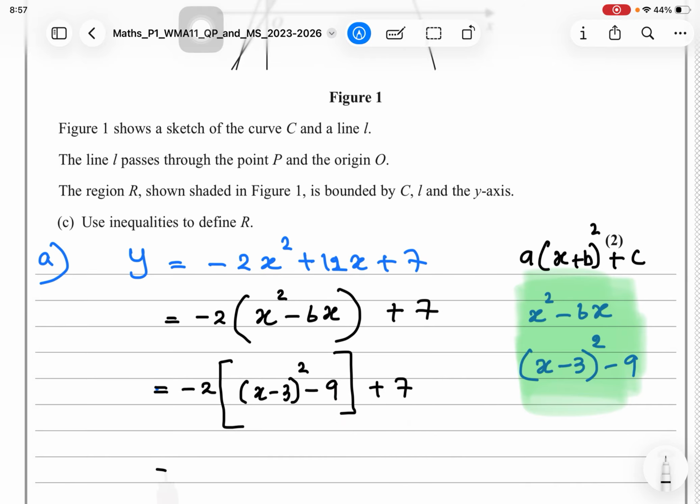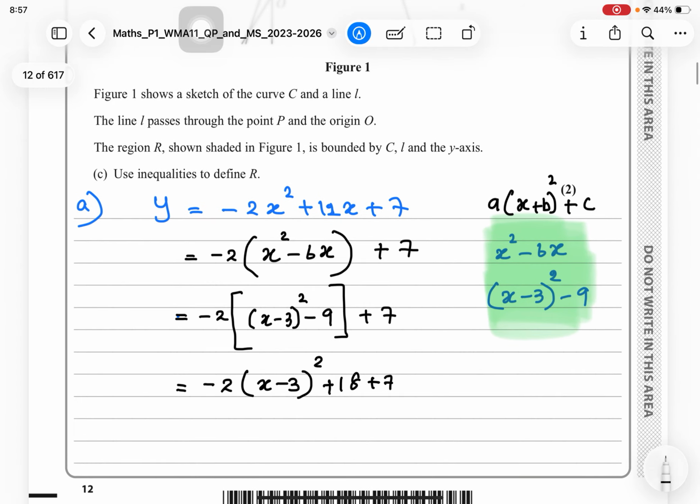So it's negative 2 times x minus 3 whole thing squared, and negative 2 times negative 9 gives you positive 18, plus 7. So you will have negative 2 times x minus 3 whole thing squared plus 25, which is exactly the format that we want.